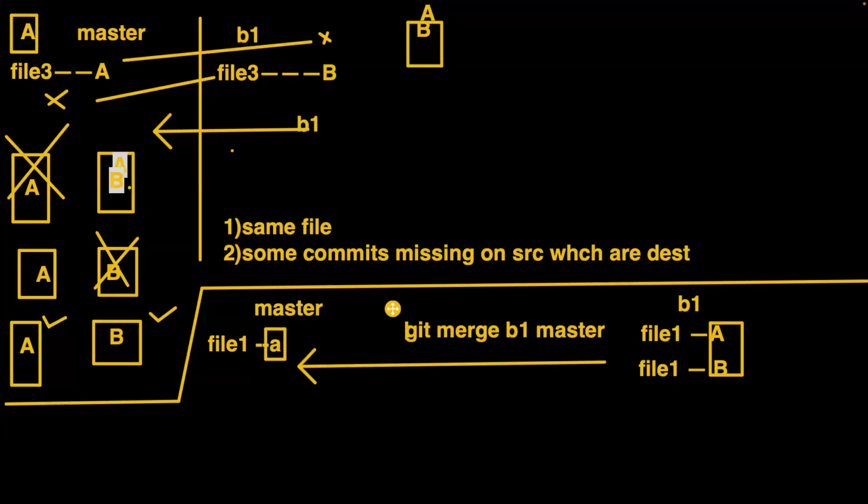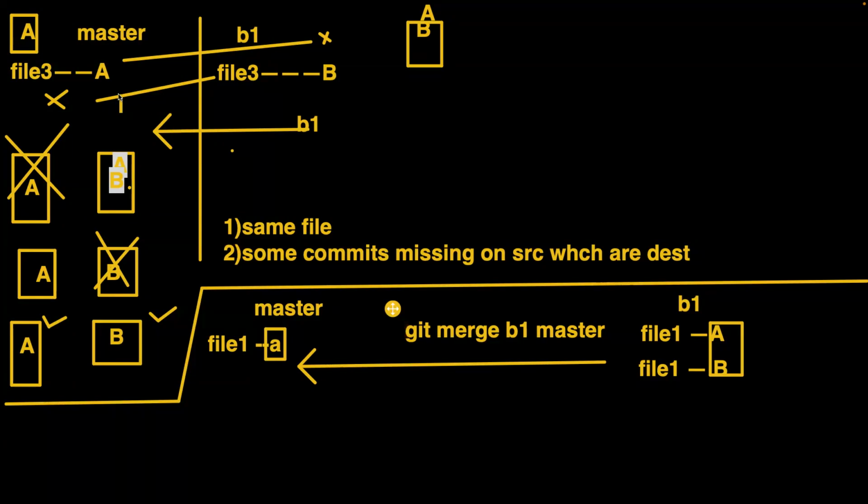Is the first scenario clear? Why you are getting a conflict? Priti, I have a question in this. If suppose master is the source and B1 is the destination, then in this case we get this conflict. In this particular use case, if you are merging from master to B1, you will not get a conflict, because the source, master, is not missing any commits.